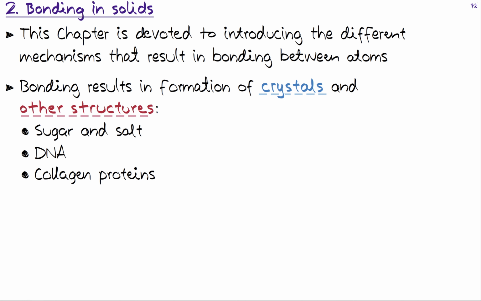You may not have heard of these, but they are actually quite abundant and quite important proteins in mammalian organisms. 30% of the weight of mammalian protein mass comes from these collagen proteins. There are around 30 different collagen proteins, and they give rise to much of the structures we have in our human body, for example.